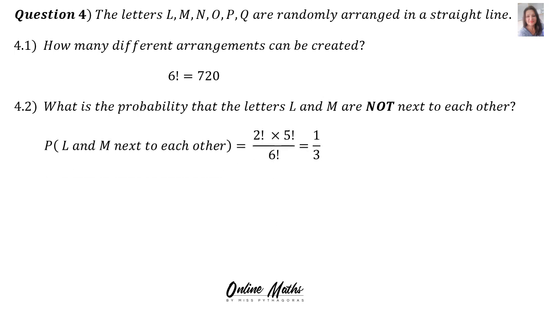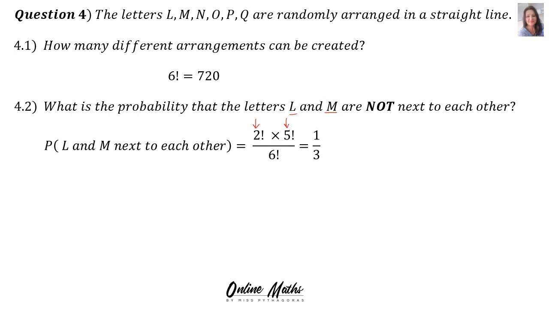So we will start by working out what is the probability that the letters L and M are next to each other. And that will be 2 factorial times 5 factorial. So the 2 factorial is for L and M. And then in fact there were 6 letters. L and M is out, therefore there's 4 left. But then L and M, they form their own little group.